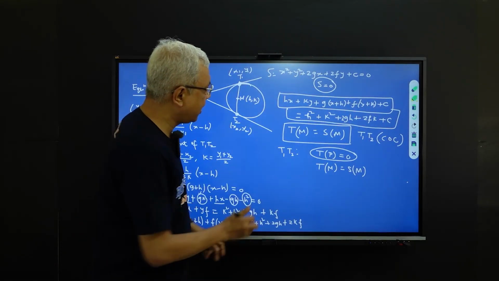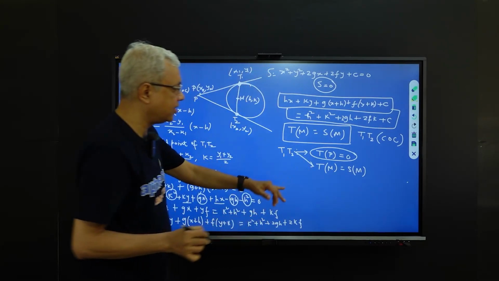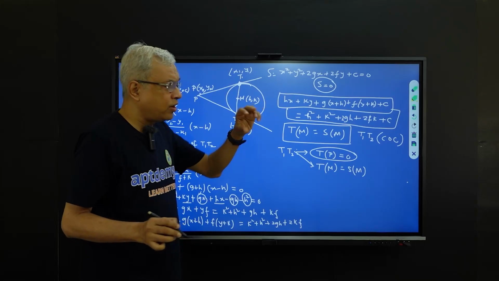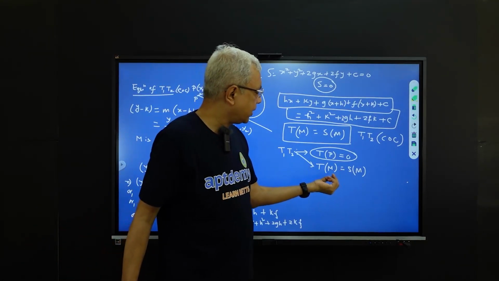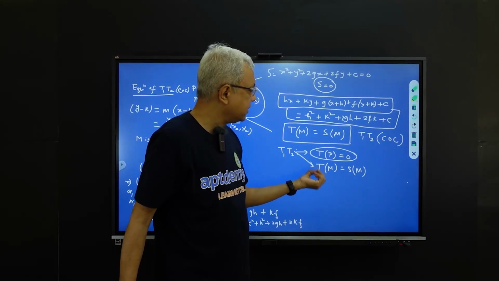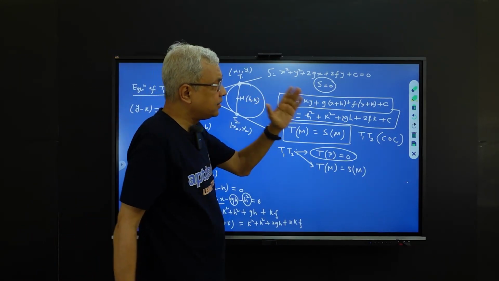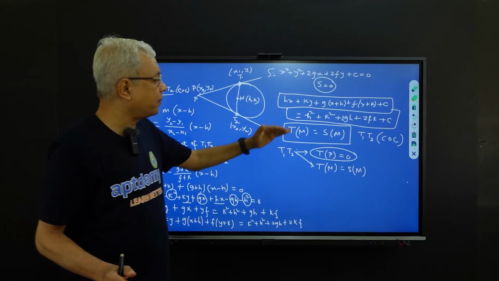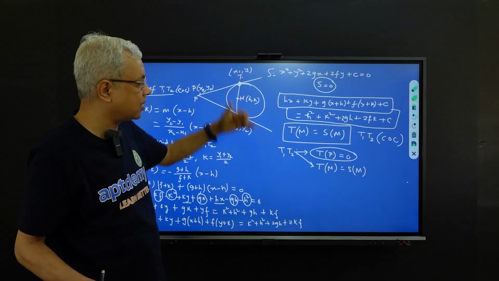Similarly, the same chord of contact's equation I can write, provided the midpoint of the chord of contact is given, then the chord of contact's equation can be written like Tm equal to Sm. But Tm is the equation of the tangent to the circle at the point M, assuming this point M is lying on the circle.